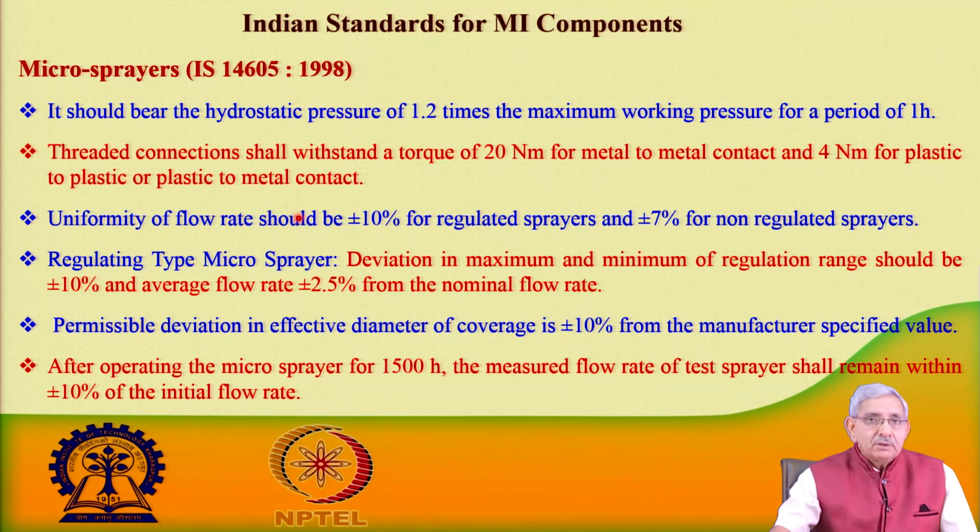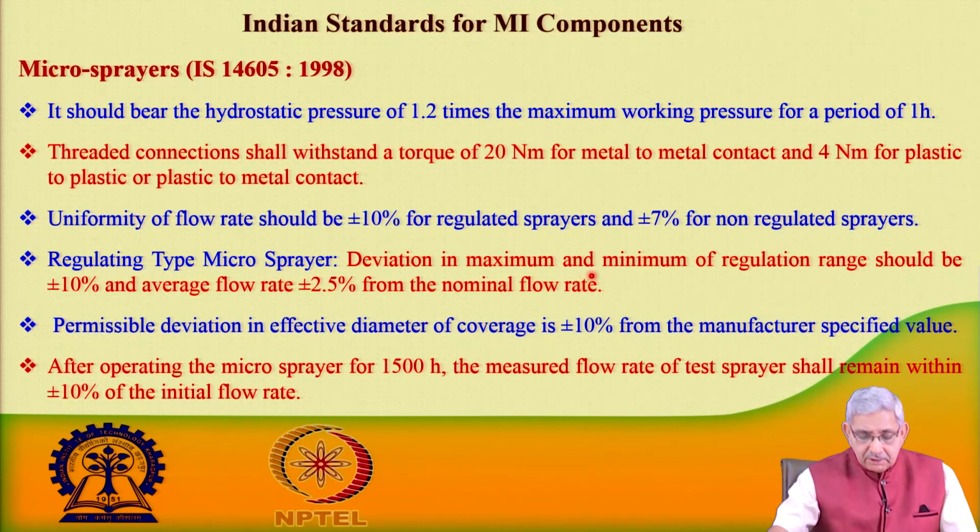Non-uniformity of flow rate should be plus minus 10%, and regulated sprayer plus minus 7% for non regulated sprayers. For regulating micro sprinklers, micro sprayers, deviation in maximum and minimum of regulation range should be plus minus 10%, and average value should be within the range of plus minus 2.5% of the nominal flow rate.